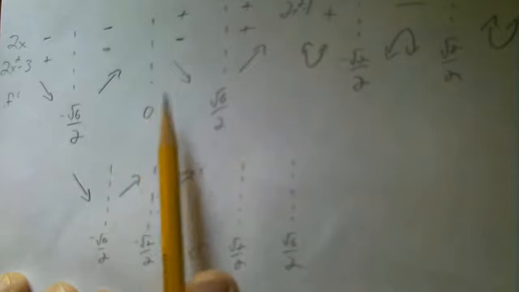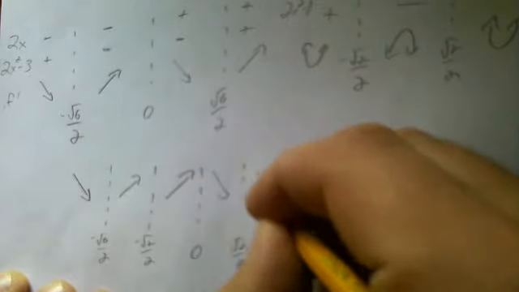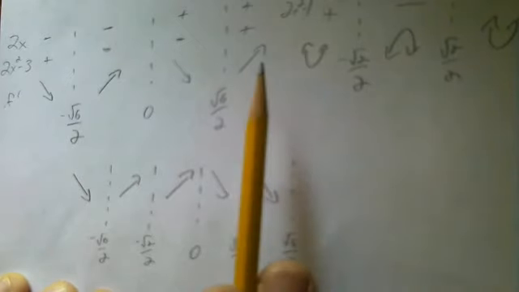Increasing, increasing. Let's go back to our rise and fall pattern. We were decreasing until we got to radical 6 over 2. Decreasing, decreasing. And then we were increasing after radical 6 over 2.